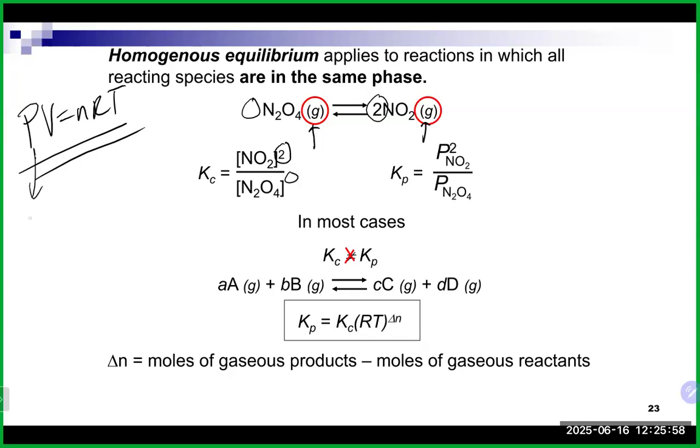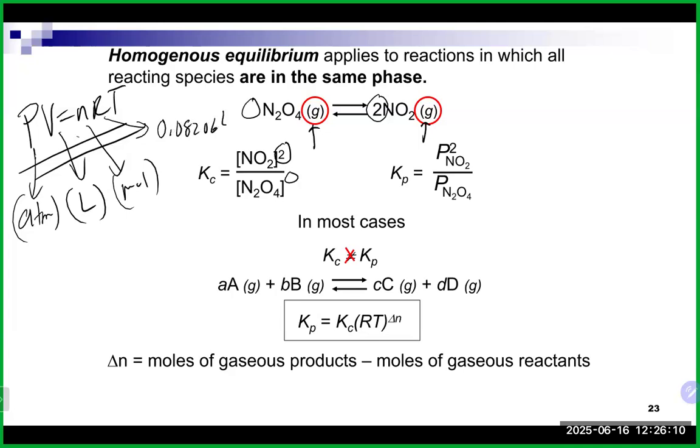P is the pressure in atmospheres, V is the volume in liters, n is moles, R is your gas constant, 0.08206 liters atmosphere per Kelvin mole, or 0.0821 since people like to round these days, and T is your temperature in Kelvin.